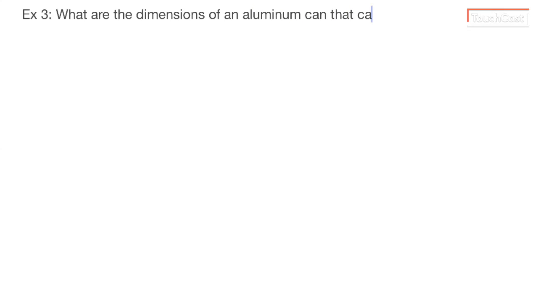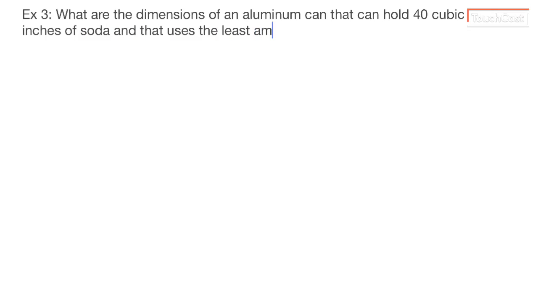So example 4, we want to know what are the dimensions of an aluminum can that can hold 40 cubic inches of soda, and that uses the least amount of aluminum.